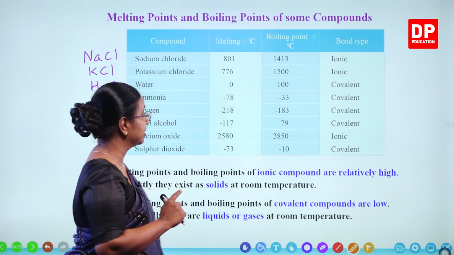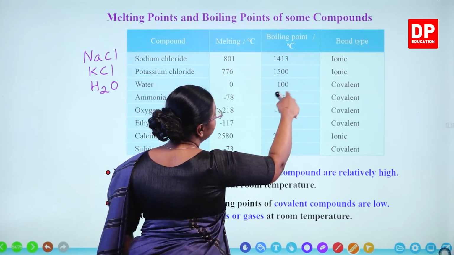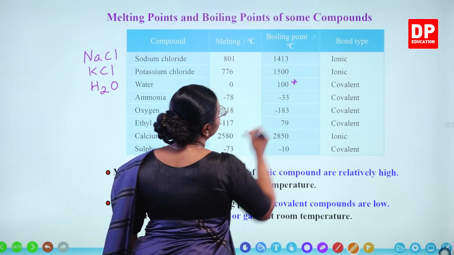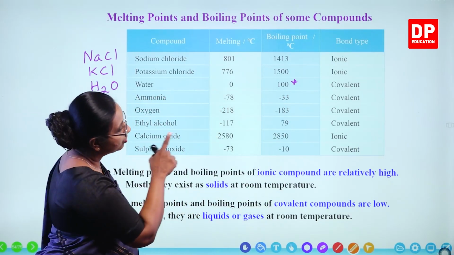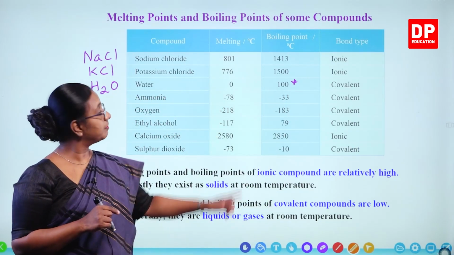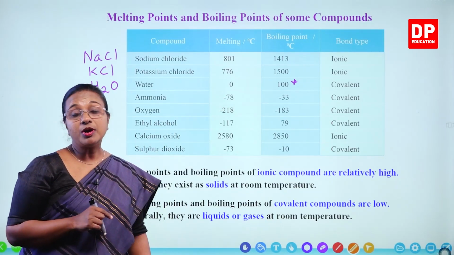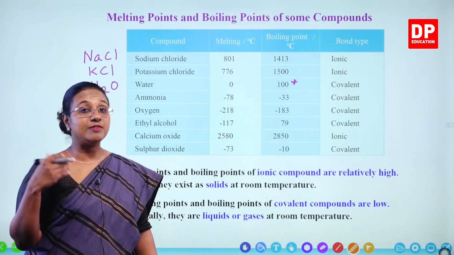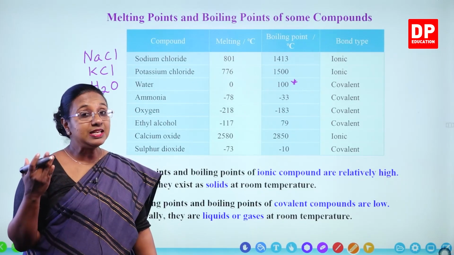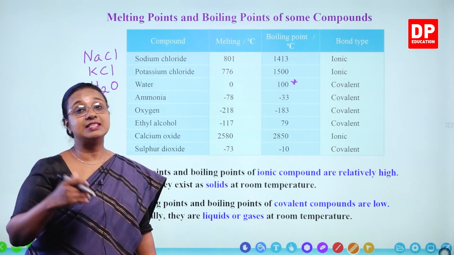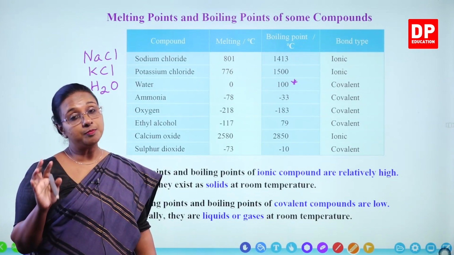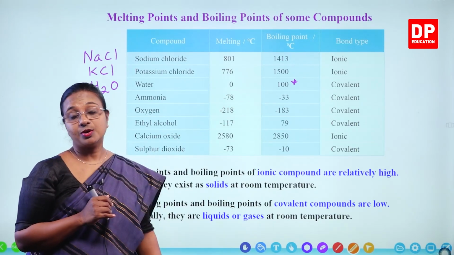We have discussed that. So here again, this is somewhat high. That is due to intermolecular bond. So although it is a covalent compound, you can see melting point is somewhat low. That is why water is a liquid, but it is a liquid because it has the intermolecular bond, and the boiling point is also high.